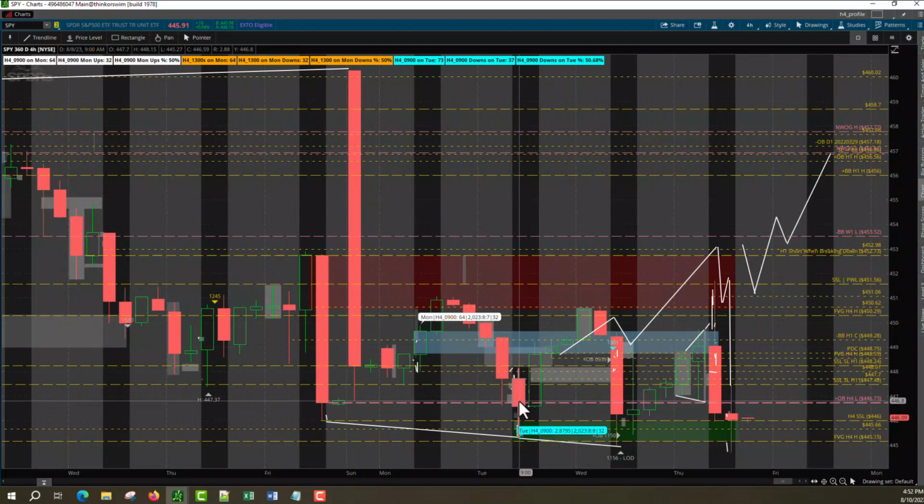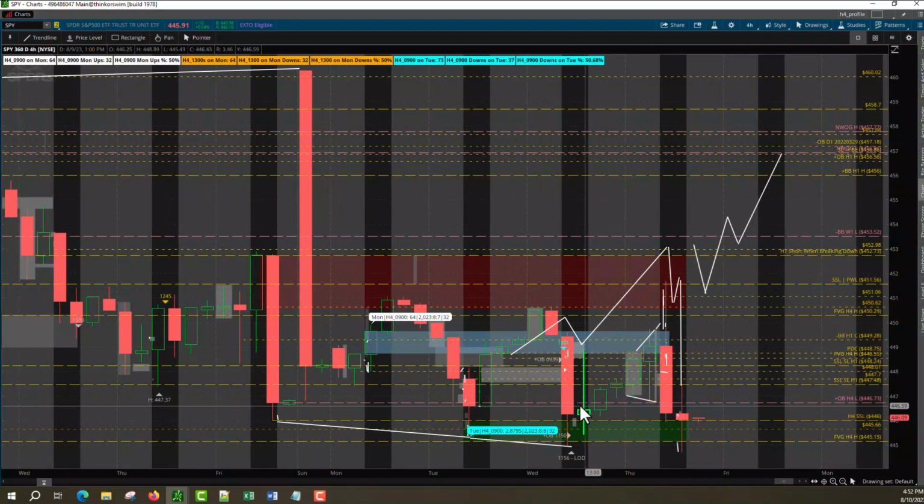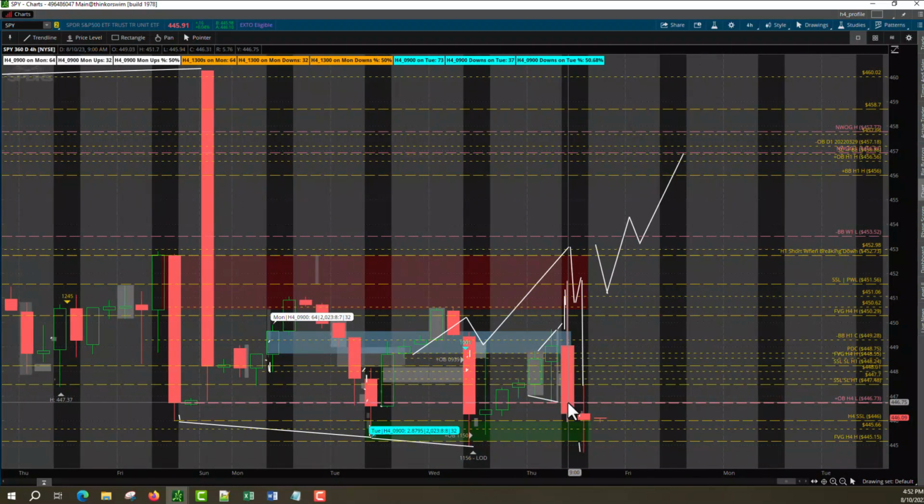You look at that. So it hunted for sell side on Tuesday, and it cleared sell side liquidity one more time on Wednesday, and look at today, it cleared liquidity one more time right here. So it's 1, 2, 3 times.